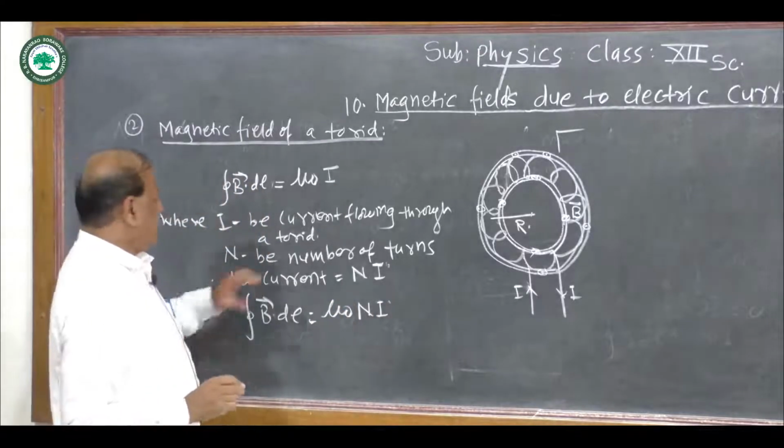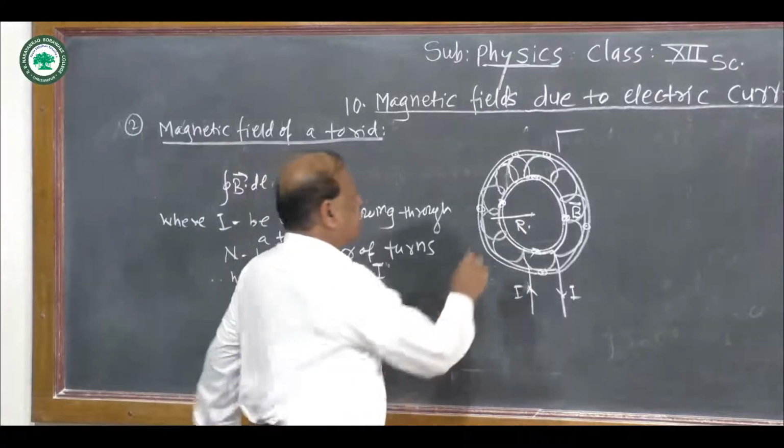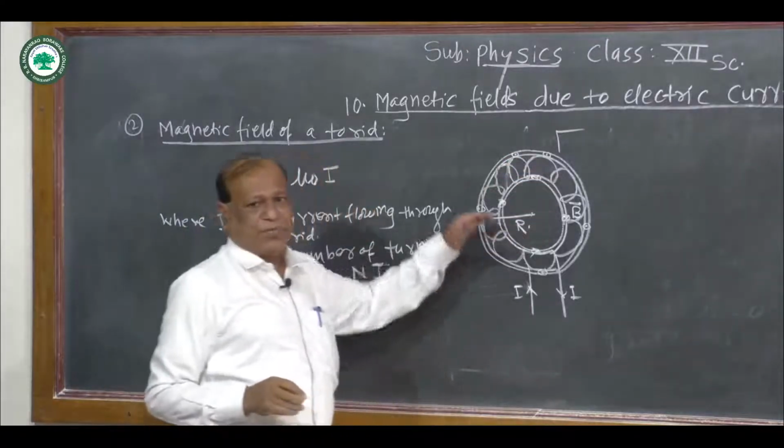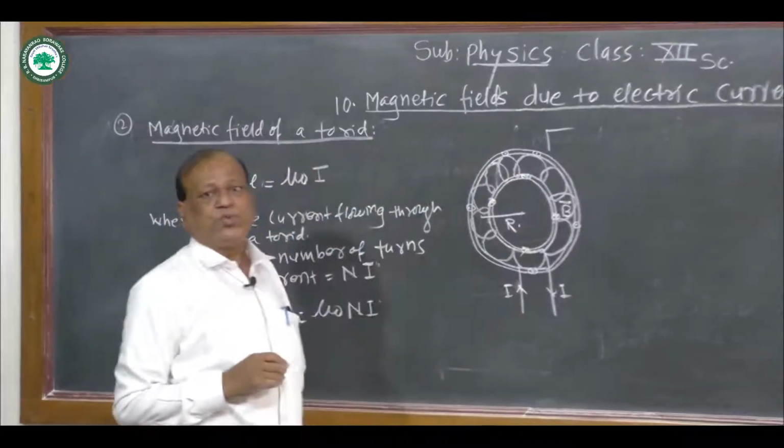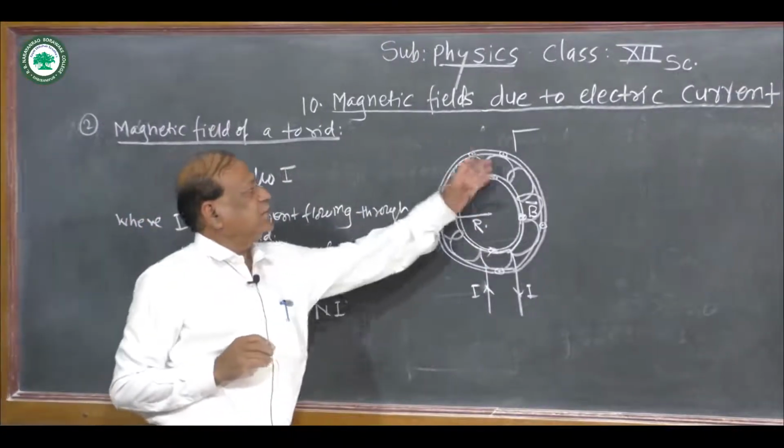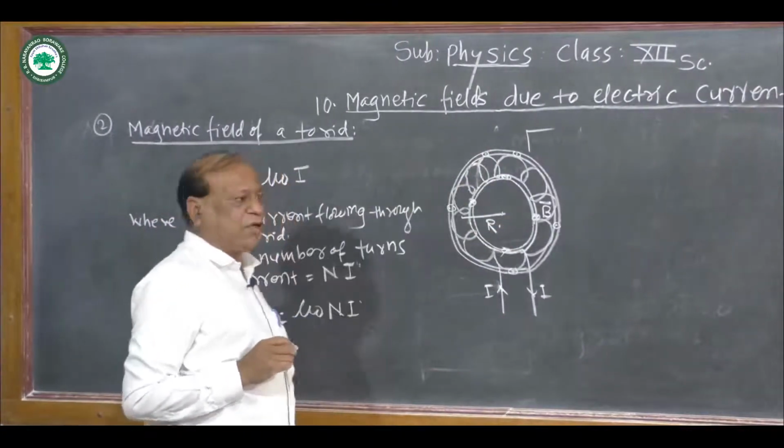Now here r is the radius of that toroid, and what is the circumference? 2 pi r is the circumference of this toroid.